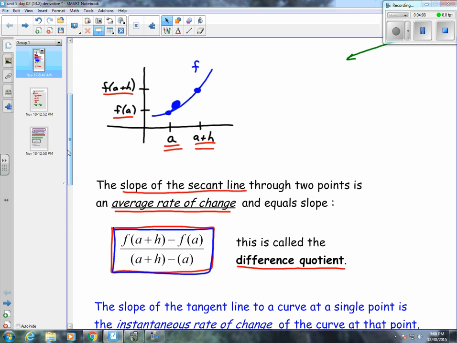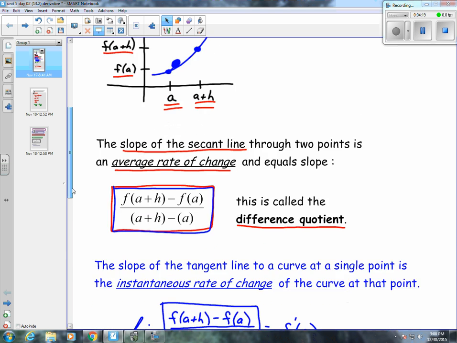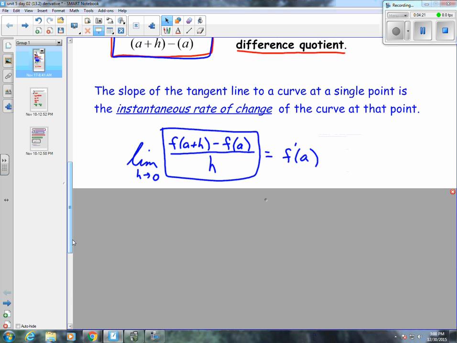And so the secant line, the average rate of change, is getting closer and closer to the slope of the tangent line, which is the instantaneous rate of change. And so by taking that limit, we can get the derivative.